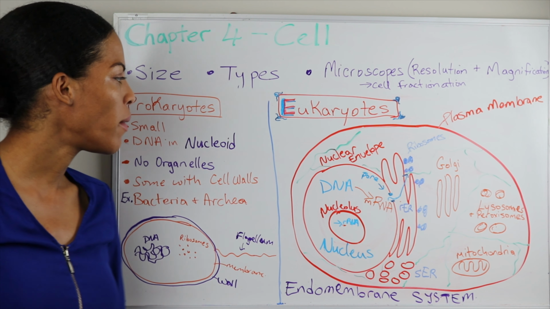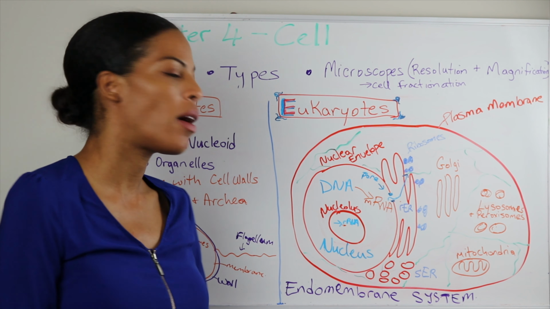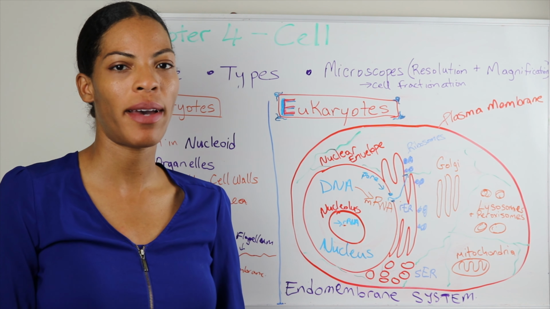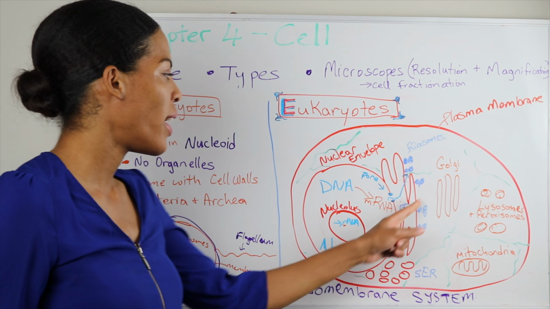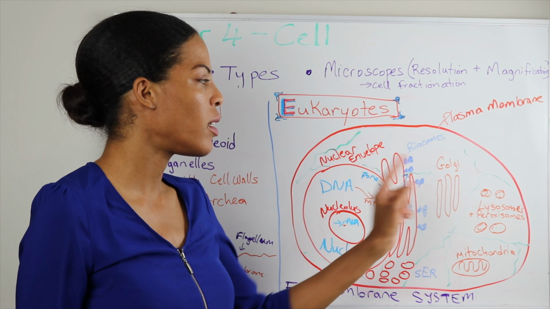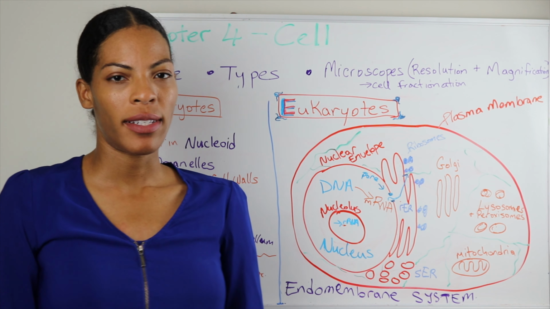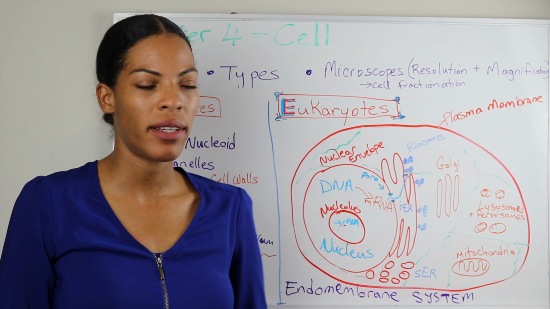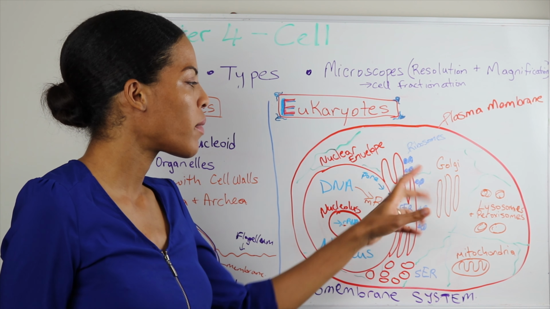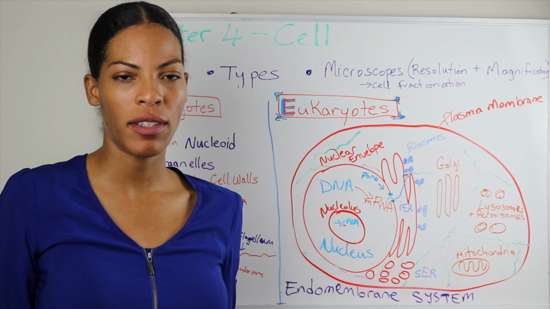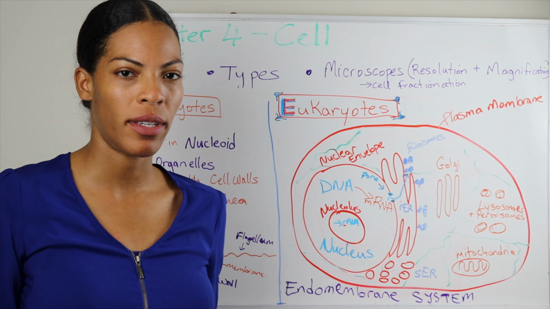All right, so now moving on to other types of organelles that you have in your cell. Here we have what's known as the Golgi apparatus. The Golgi apparatus is a stack of membranes that is important for packaging, sorting, and modifying proteins.